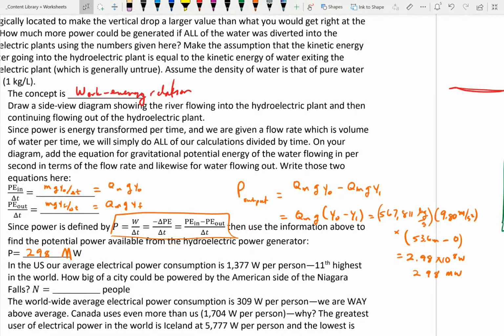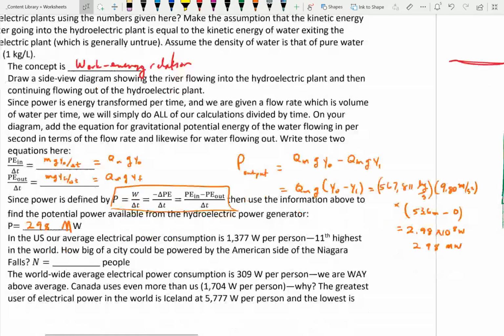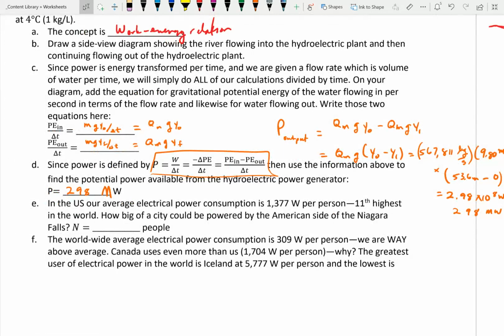In the U.S., our average electrical power consumption is 1,377 watts per person. That's 11th highest in the world. How big of a city could be powered by the American side of Niagara Falls? So I'm just going to take this value, 298 times 10 to the 6th watts divided by 1.377 times 10 to the 3rd watts per person.